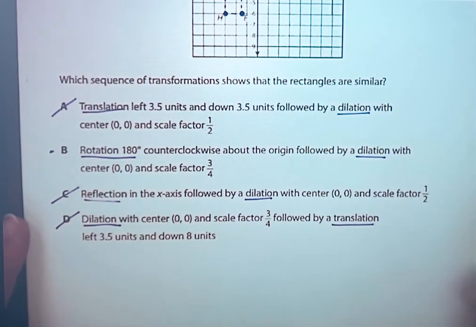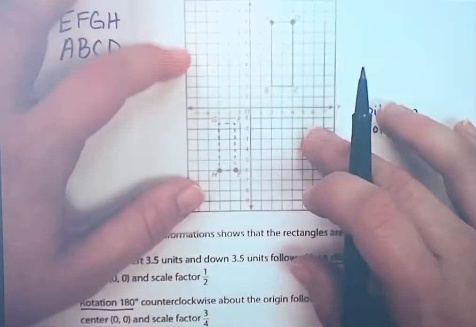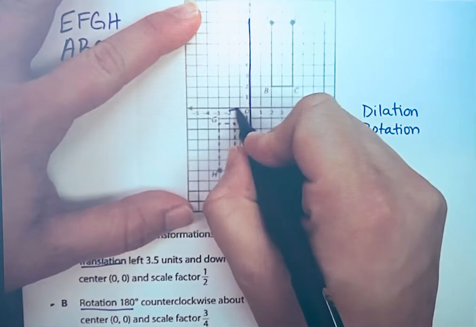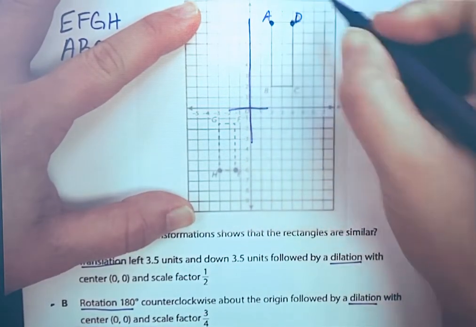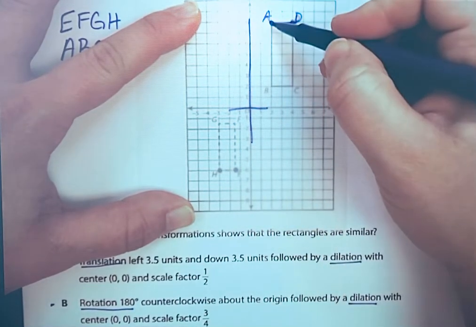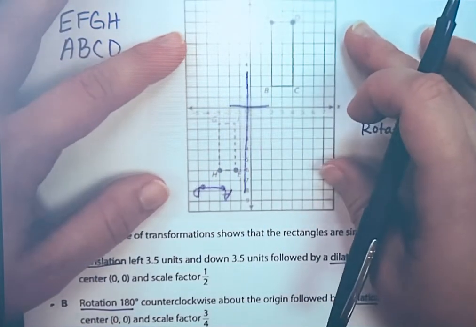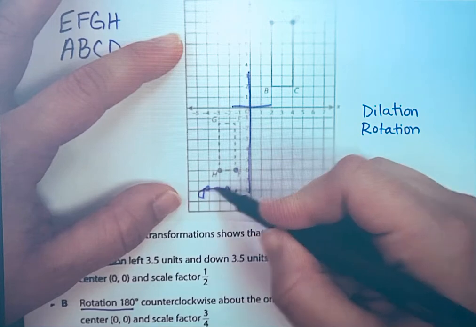I'm looking for a rotation because if you have your tracing paper, and I trace this, and I'm just focusing on A and D, and you can do the whole image if you'd like, but if I rotate it around, it's going to end up in that similar spot.